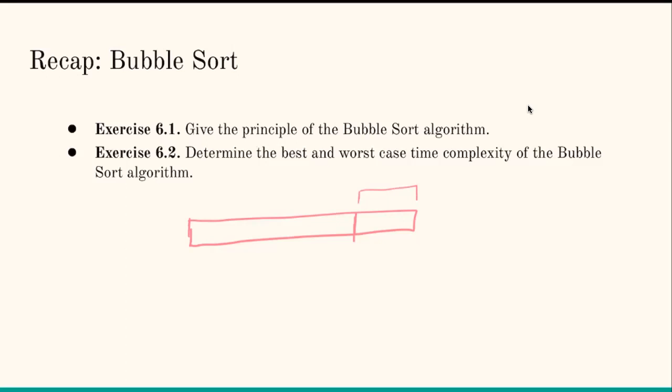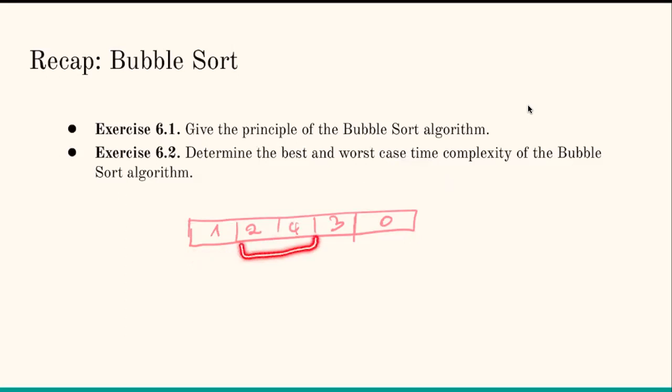So basically, just assume a very naive sequence where you have 1, 2, here you have 4, here you have 3, and here you have 0. What will bubble sort do? Basically, bubble sort will just go through and check those two elements. Are they in the right order? Yes. It moves to the next.